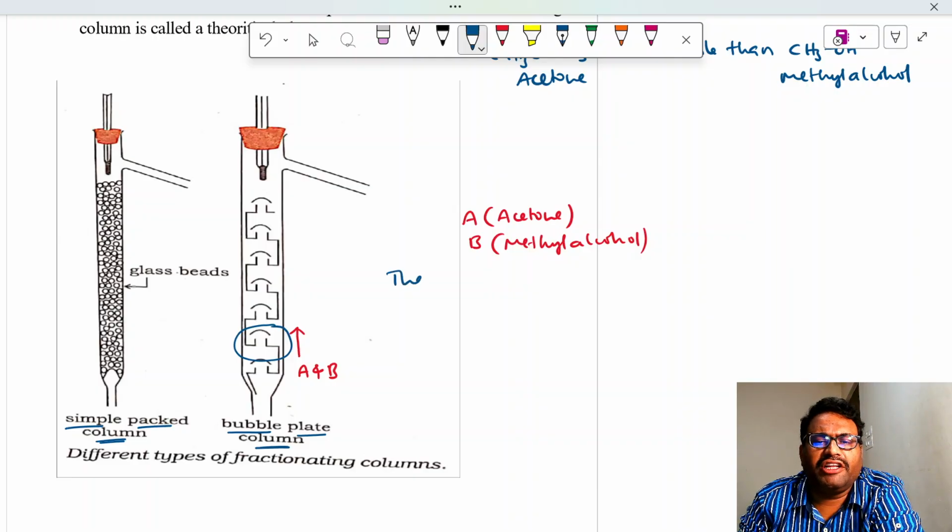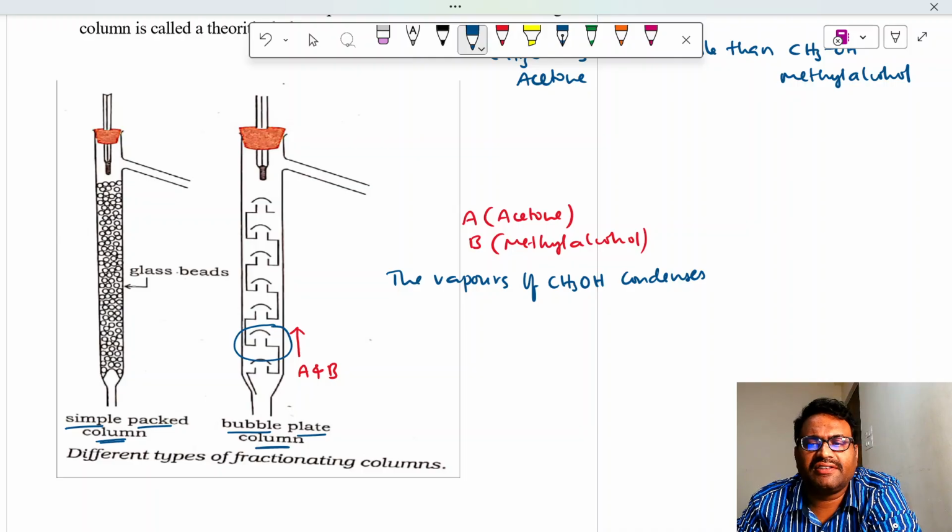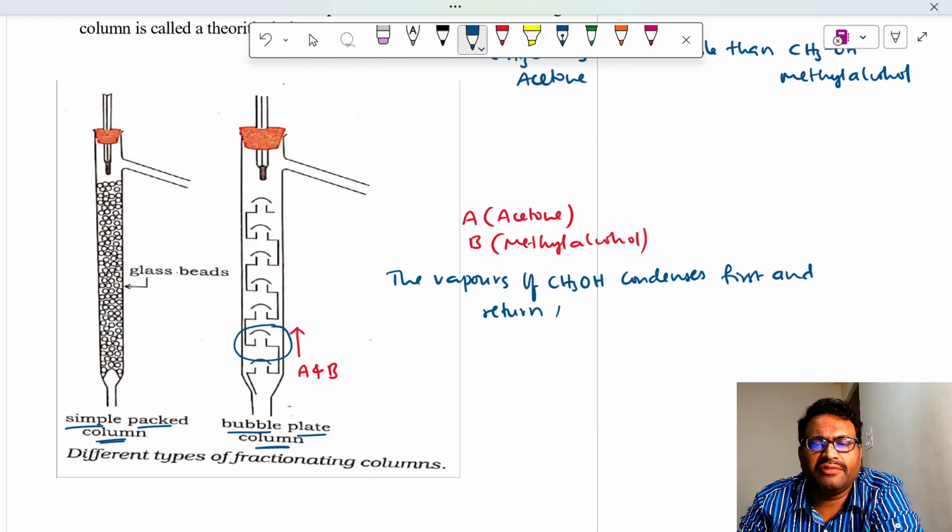So the vapors of methyl alcohol condense first and return to the round bottom flask.